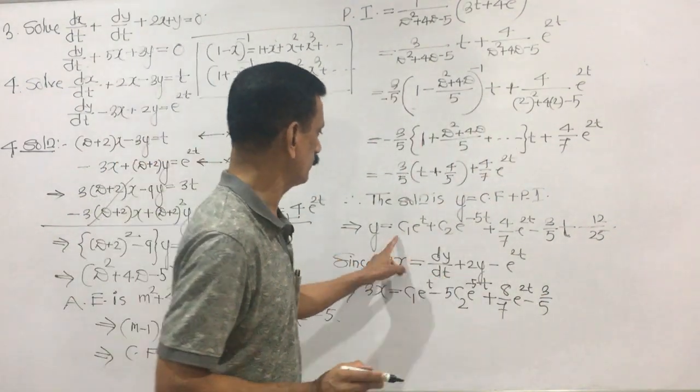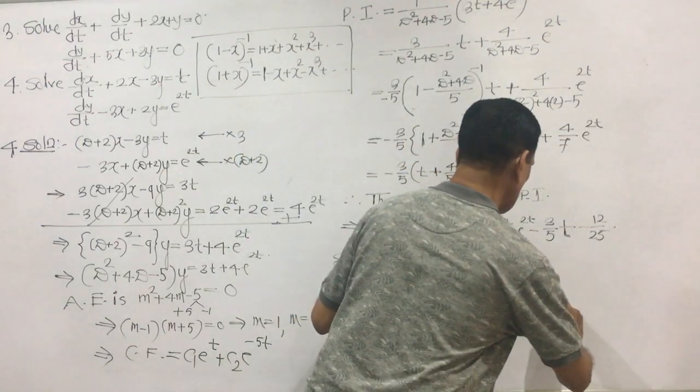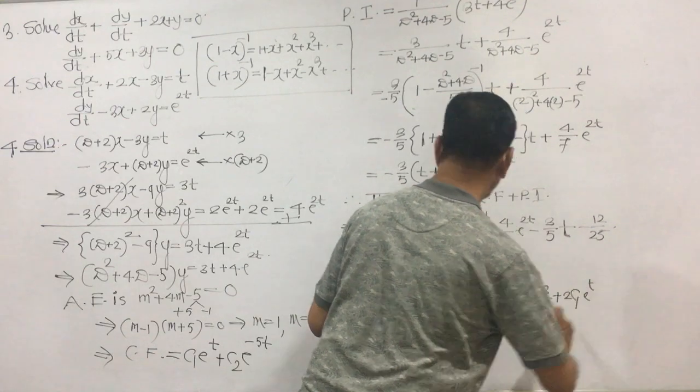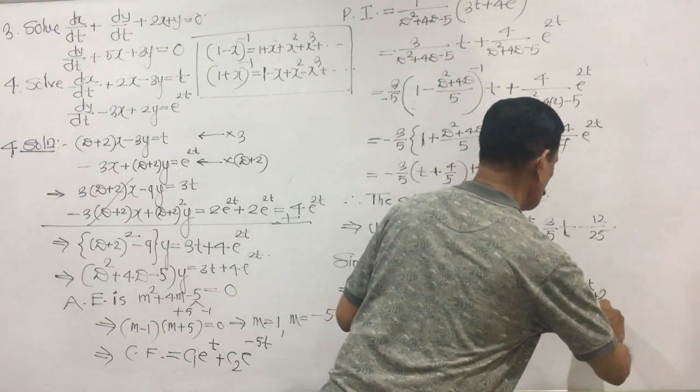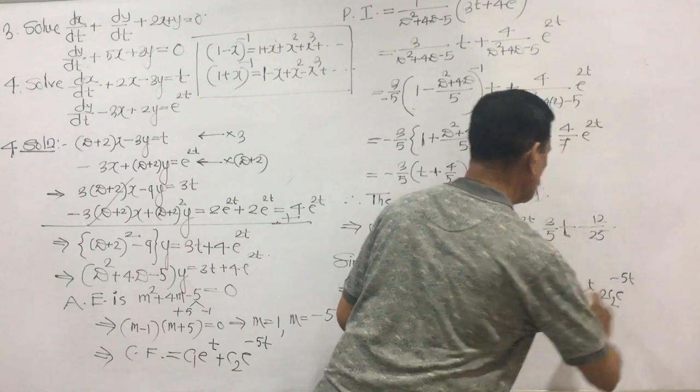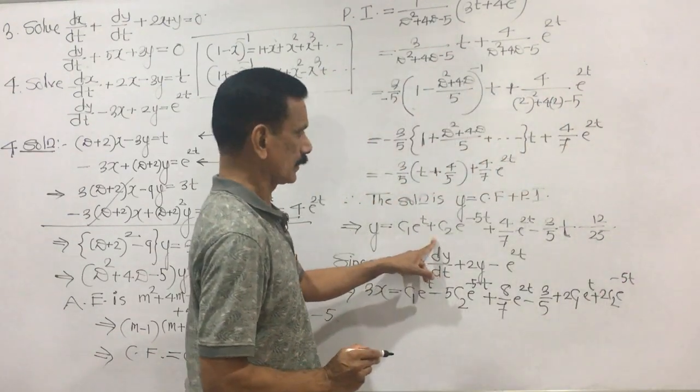After that, 2y means y multiplied by 2. It is 2c1 e raised to t plus 2c2 e raised to minus 5t.